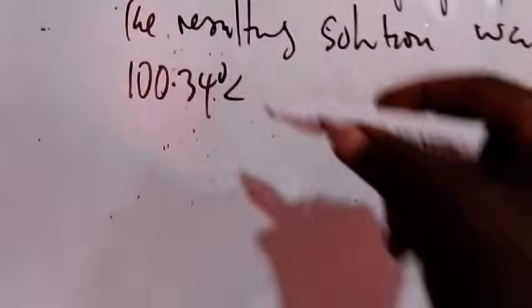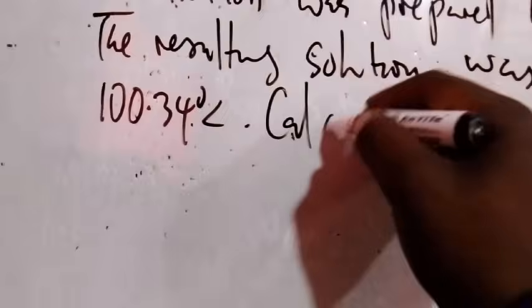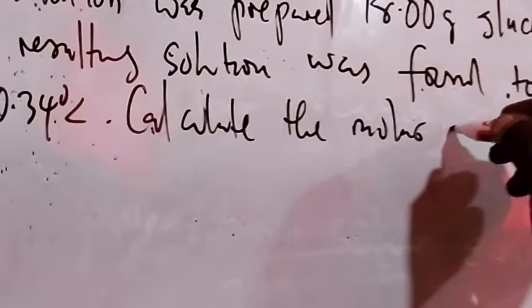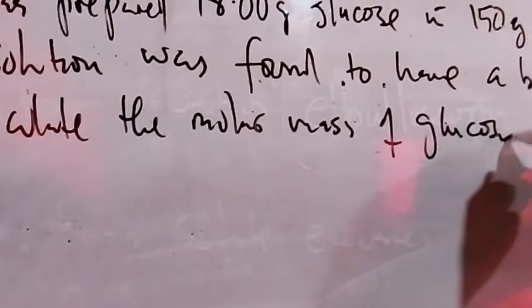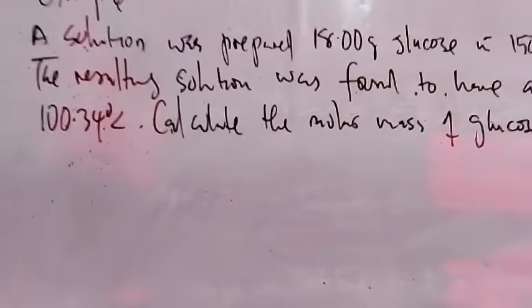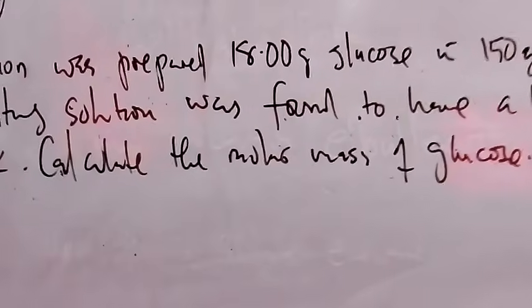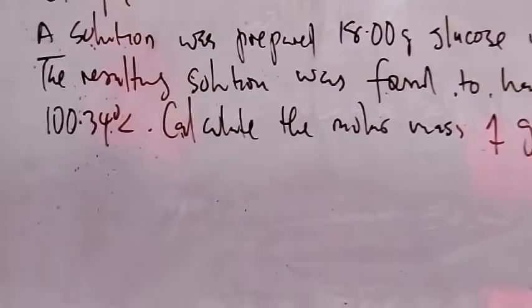Calculate the molar mass of glucose. Glucose is a molecular solid that is present as individual molecules in solution. So glucose is not ionic, it's molecular in nature.